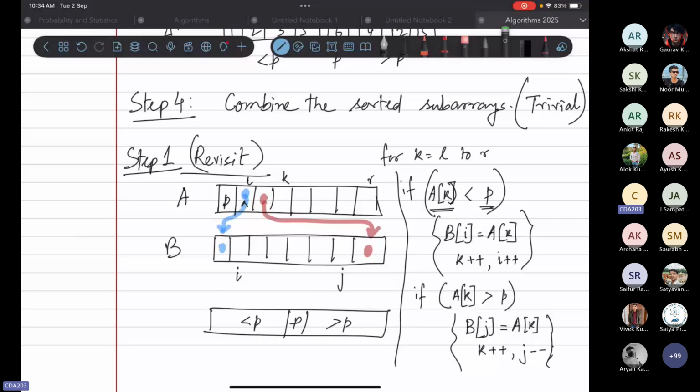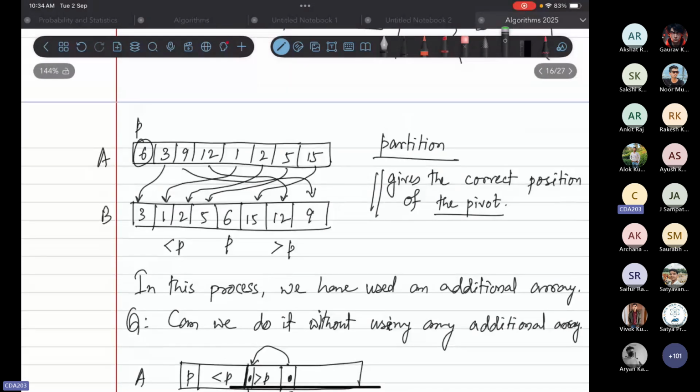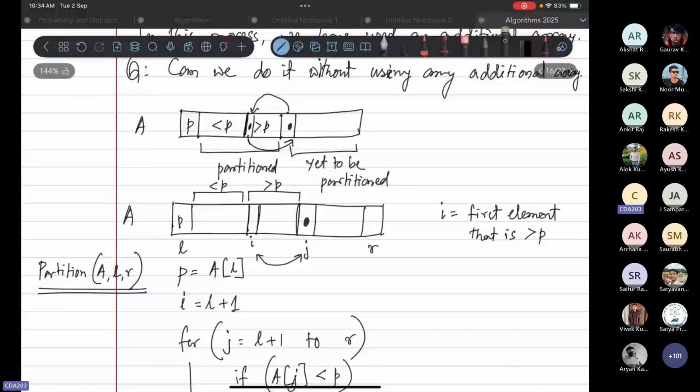One was using some extra array B, and then we have seen how to get rid of this extra array and do it in the same array A itself.